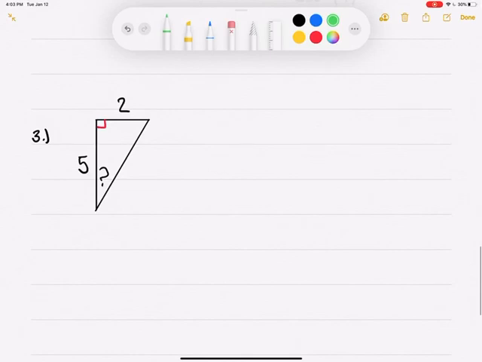For our third example, here's my missing angle. My hypotenuse is blank. So then we look for the opposite, which is the one all the way across, meaning 5 has to be the adjacent.